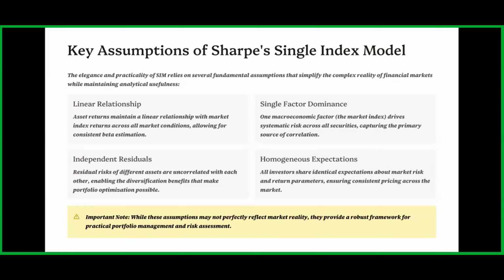That means all investors have the same expectations from the investment. But it is not always the case, because different investors have different goals and objectives, and that's why their expectations may be different. But in the single index model, we consider that all investors have identical expectations.